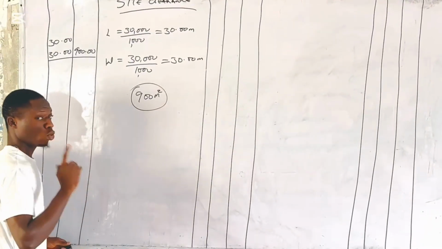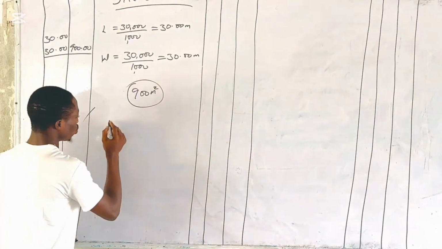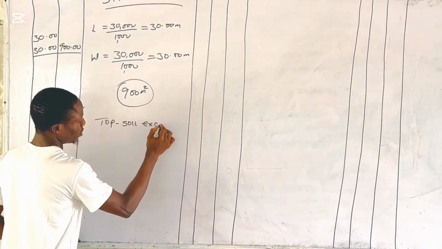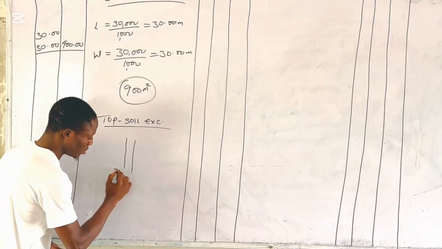At this point, we move towards topsoil excavation as the second item in substructure. So you have topsoil excavation, and then we have a rough sketch of a foundation detail.